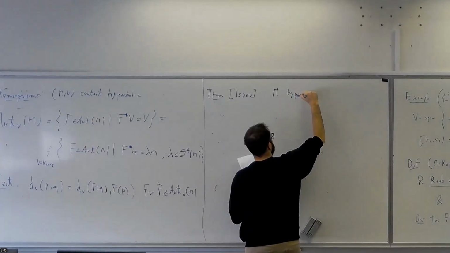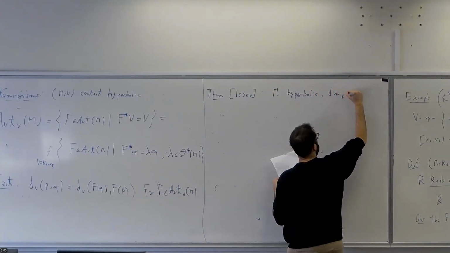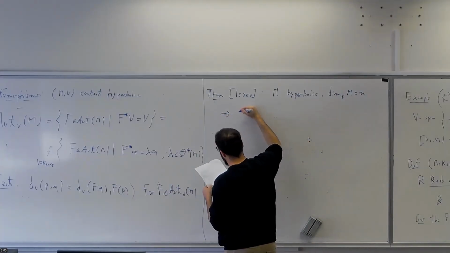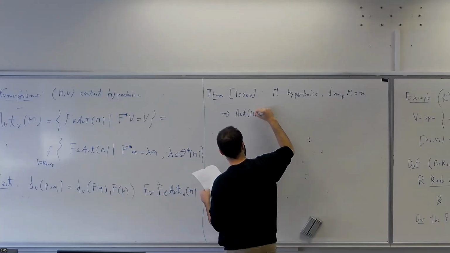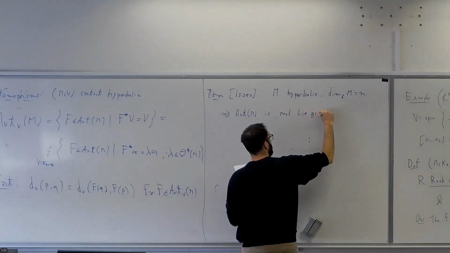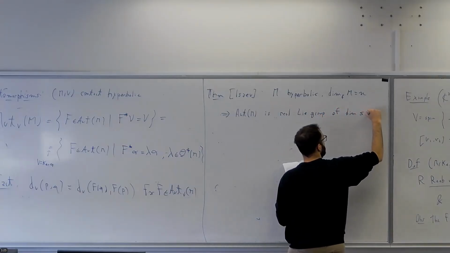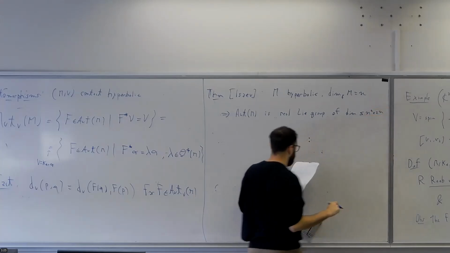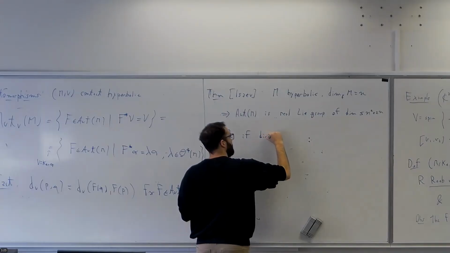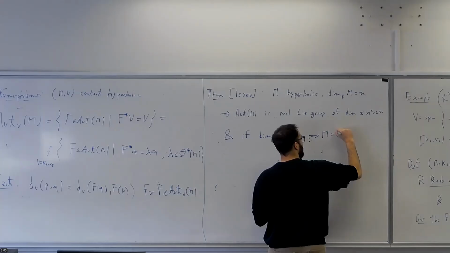If you take a hyperbolic manifold of dimension n, so this is just not contact, just hyperbolic, then the group of automorphisms is a real Lie group of dimension at most n squared plus 2n. And if the dimension is n squared plus 2n, then the manifold is the ball.